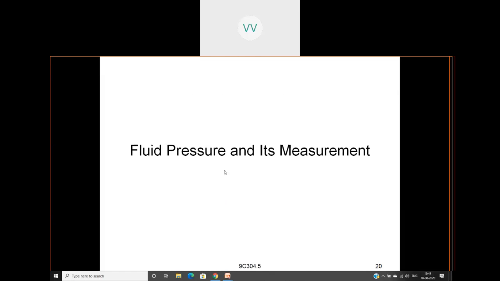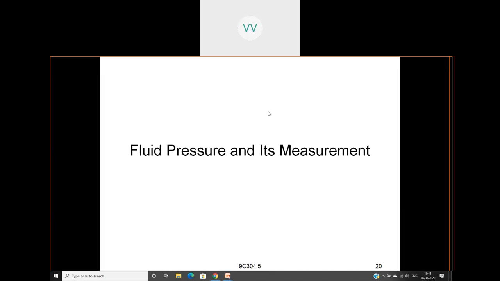So we have finished the chapter on properties of fluids and now we are going to move into the next unit, that is fluid pressure and its measurement. So here we have some pressure which is going to be measured.